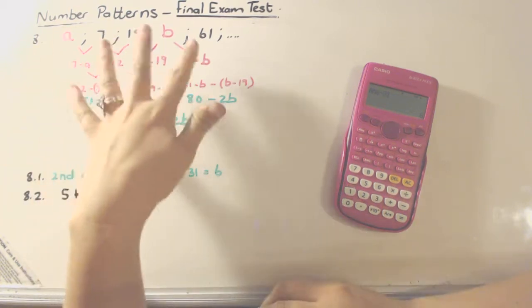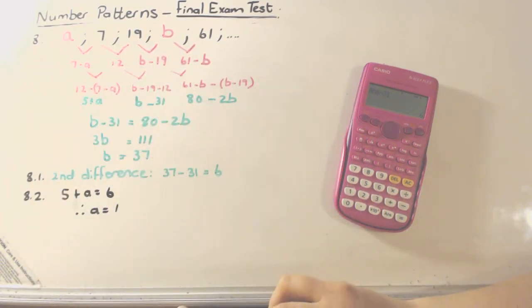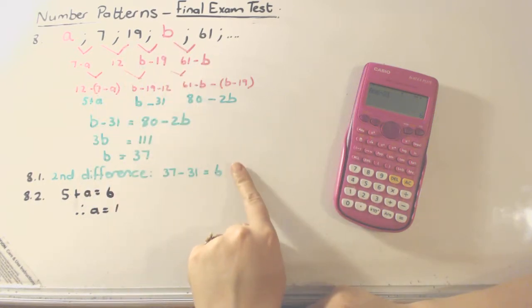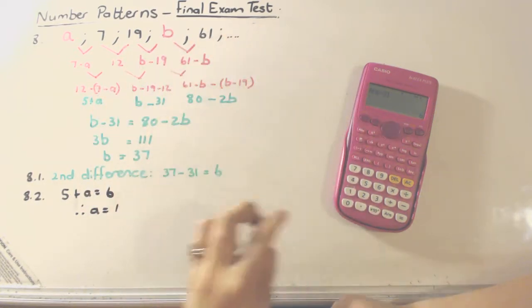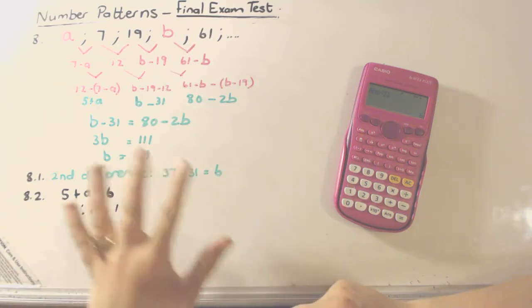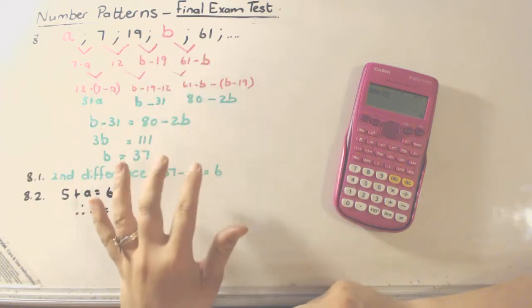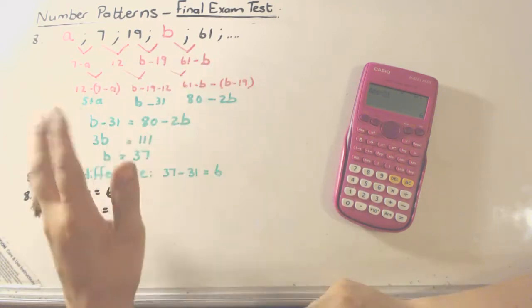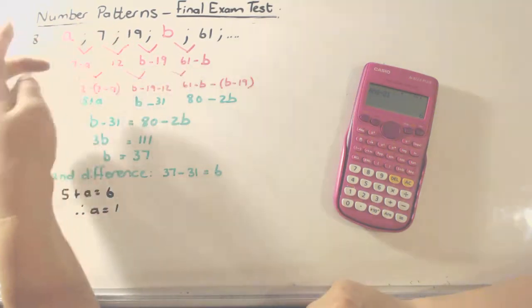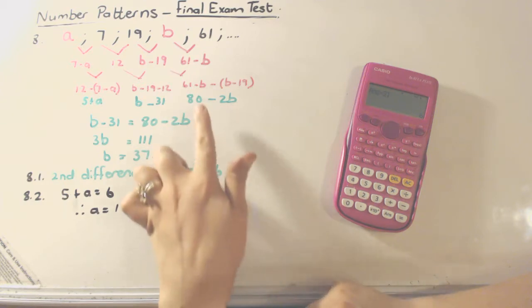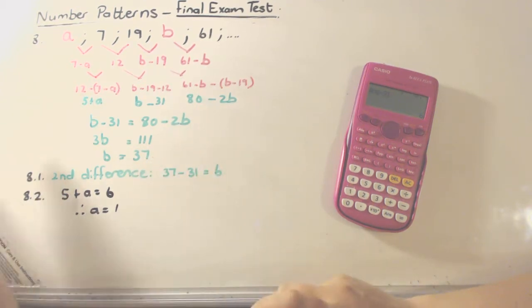Understanding the workings of a quadratic pattern, this is not really difficult. 8.1 for 5 marks, which is mostly done there, and 8.2 for 2 marks. If you're not sure how a quadratic pattern works, then this might be a bit of a challenge. But if you just know that the second differences are the same and you work that out, it's not really a challenge to do this.